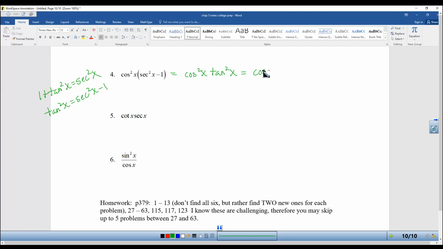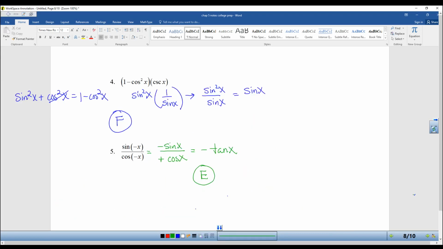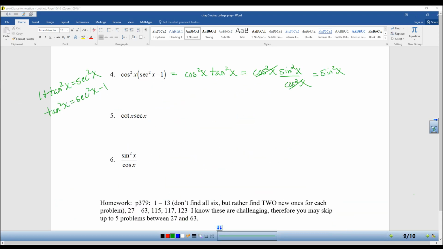But then the next strategy that you want to use is changing everything to sines and cosines. And then these cancel, and I just get sine squared. I look to see if that's on my list, and it is. It's letter C.